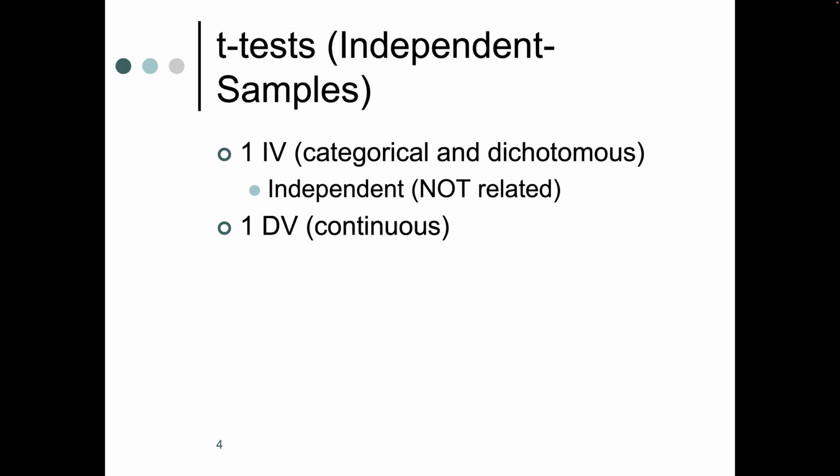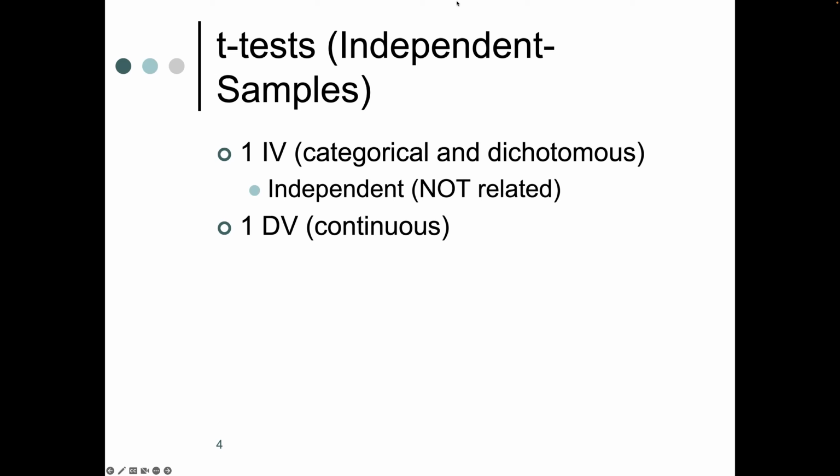People who don't like sports are not related to the people who do like sports, and you can only be in one group, not both. If the same people are in group 1 and group 2, that is not independent. We're looking at independent groups. The other part is that it needs to be a continuous dependent variable, so interval or ratio level of measurement.